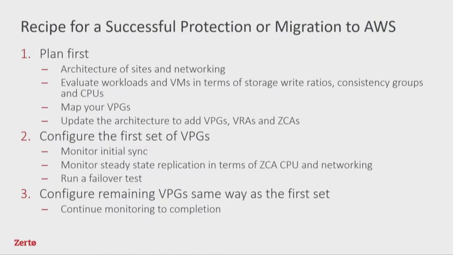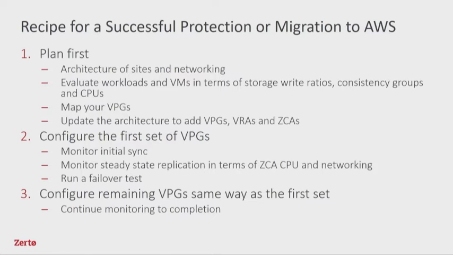So moving on, the recipe book that we're talking about today, the first step is planning. Have an architecture in mind of the involved sites, the networking, and the AWS cloud where you're going to connect to. Second thing, and this is very typical to on-site as well, evaluate your workloads and your VMs, storage.